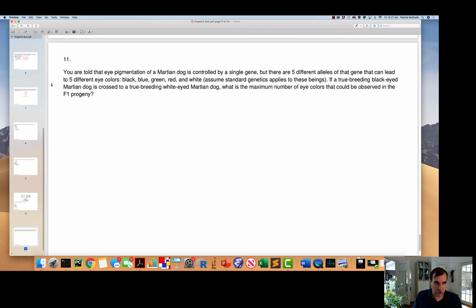This is kind of a trick question, just because it's testing to make sure that you remember that true breeding parents can only pass on one allele. And so the F1 progeny can only have one possible genotype. That means only one phenotype can be observed in the F1 progeny. So the answer to this question is 1. All right, that's it.